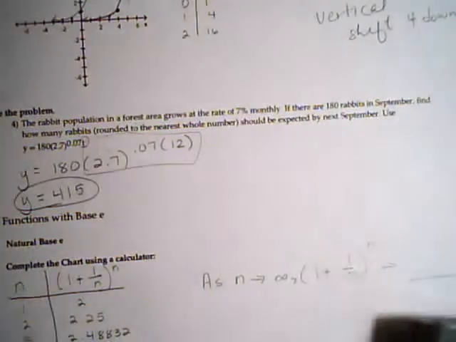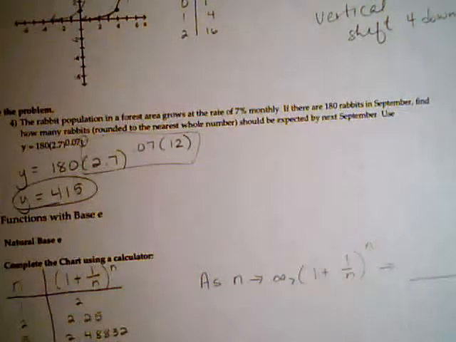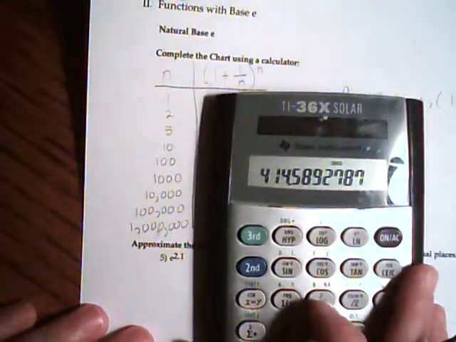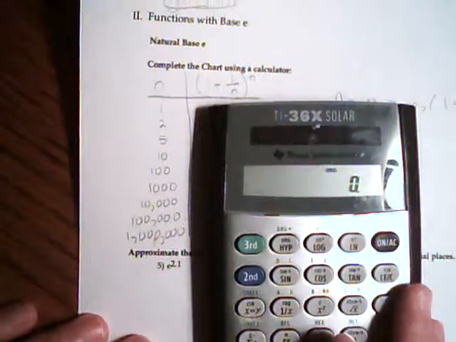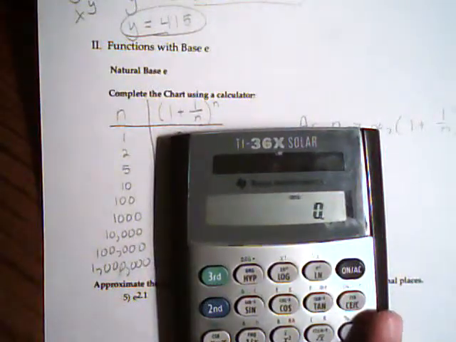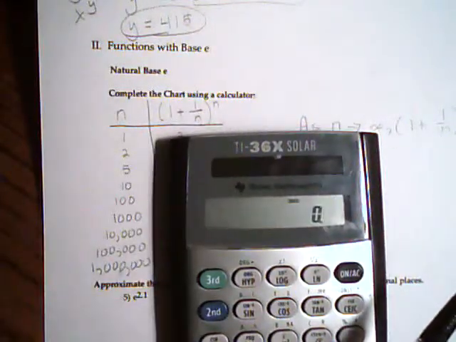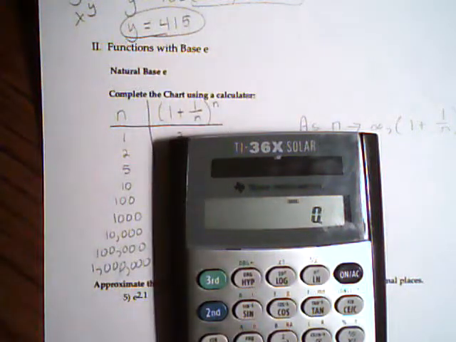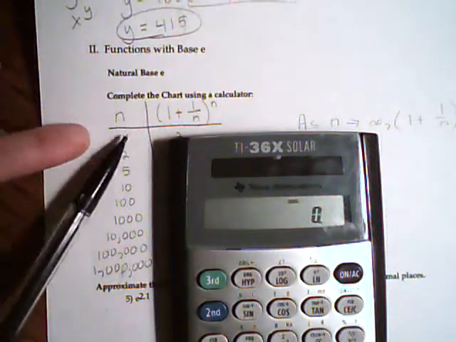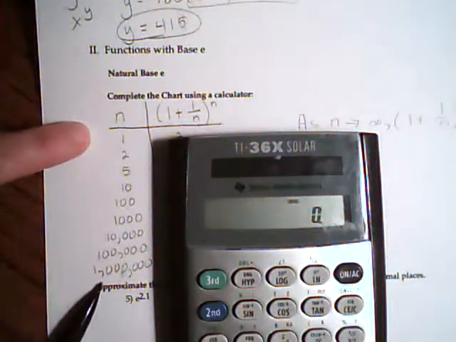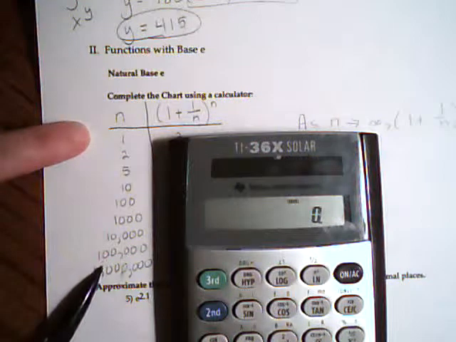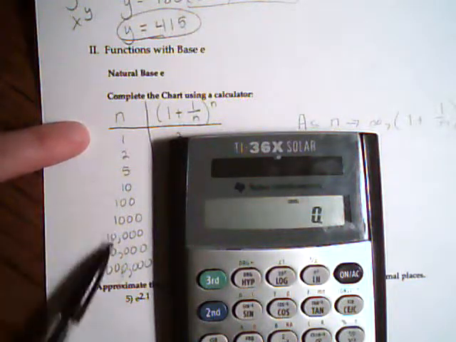On part 2 it says functions with base e. We have something in mathematics called the natural base e, and first I'm just going to cover up this part and show you the expression 1 plus 1 over n, all in parentheses, to the n power. What I did is I plugged in different values for n. Notice I started at 1 and I went up to 1 million, so a pretty significant jump there.